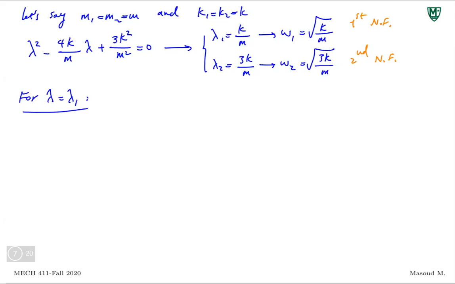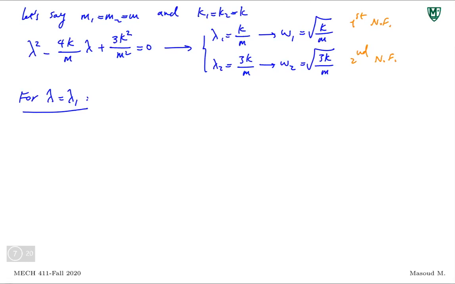Now, for the sake of simplification, making your life a lot easier and explaining mode shapes, let's just say we have a system where both masses are equal, m1 equals m2 equals m, just m, and the stiffness constants for the springs are equal. k1 and k2 are the same. I took it as k.